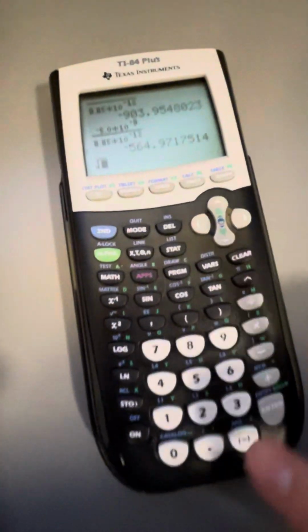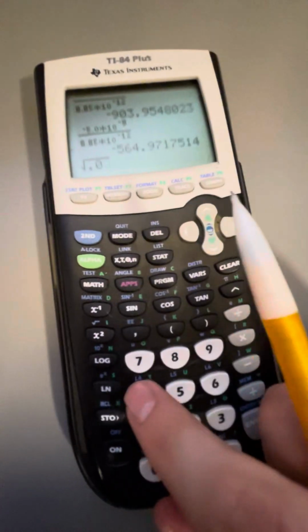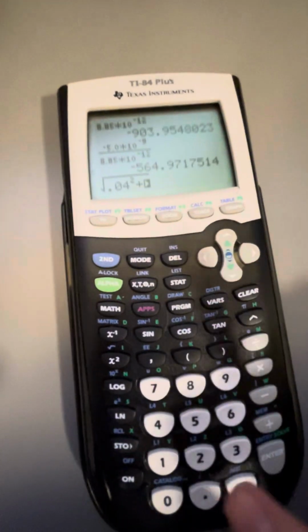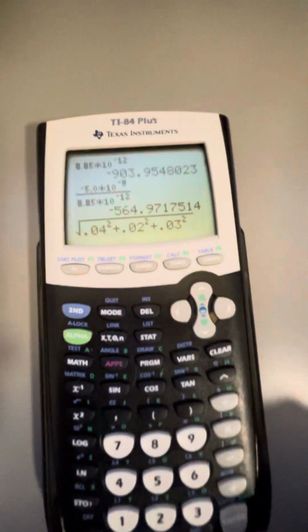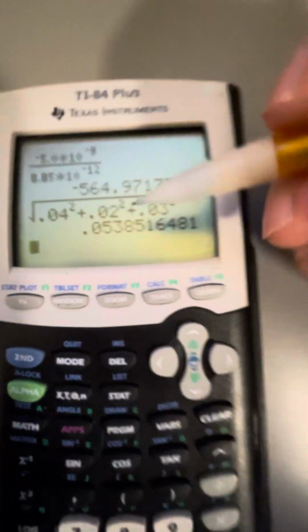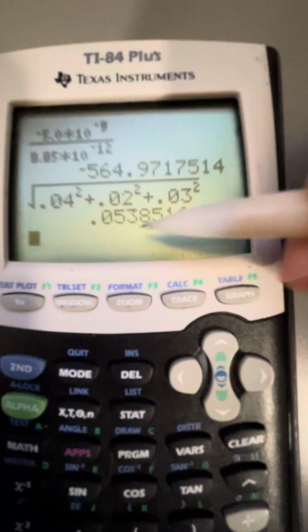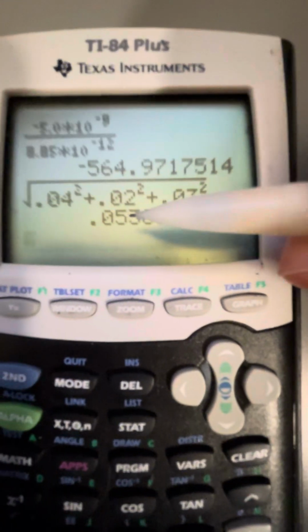So the square root of 0.04 squared plus the others. Yep, and you see here, this is actually outside of the scope of the sphere, so it's outside the radius, so that's not going to contribute to the electric flux of the sphere.